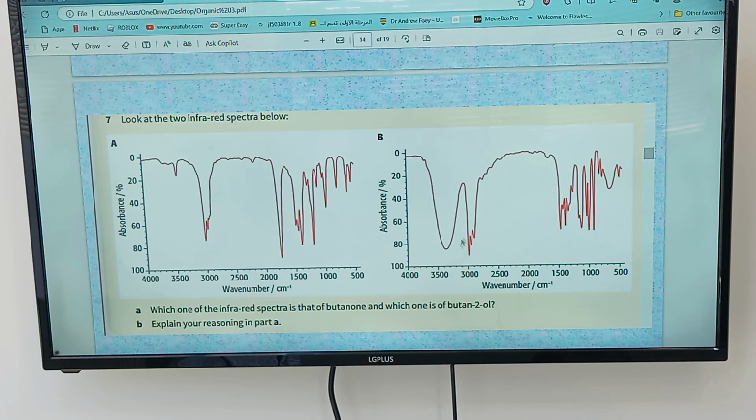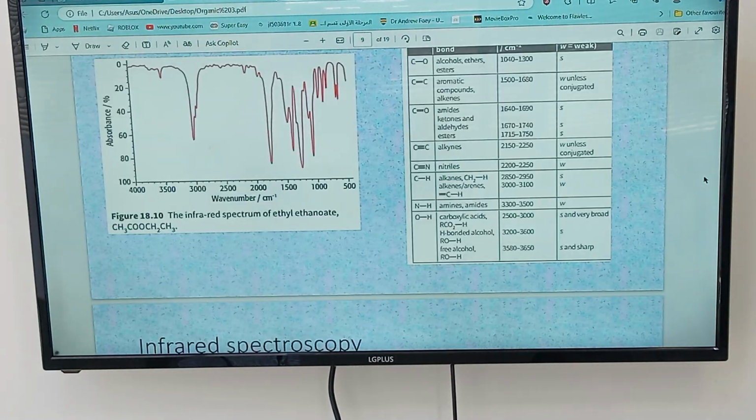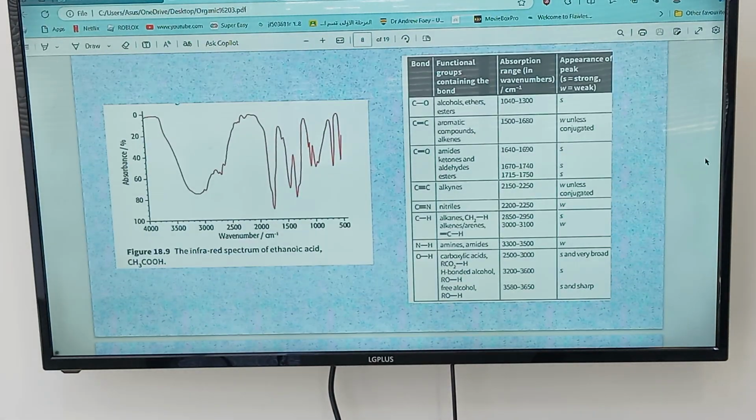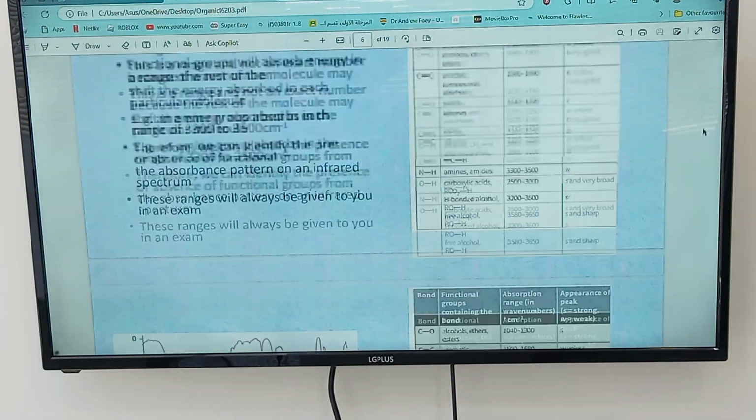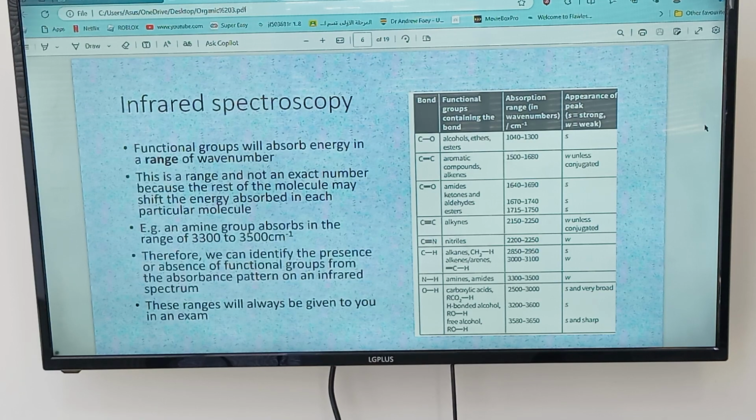We can see a hint of that. This wavelength or peak is between 3000 to 1500. We can go back to the example we saw before. We can see it depends on aldehyde and ester.